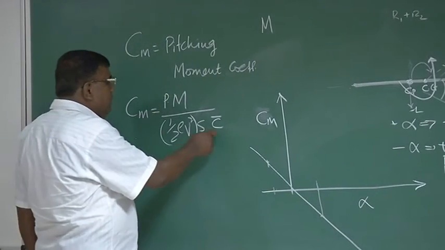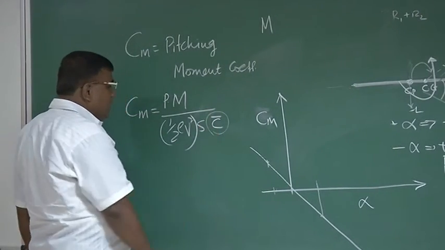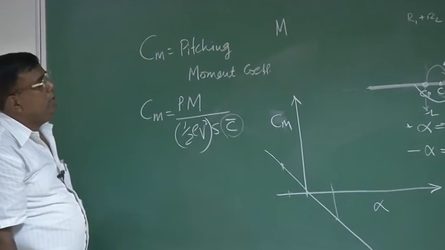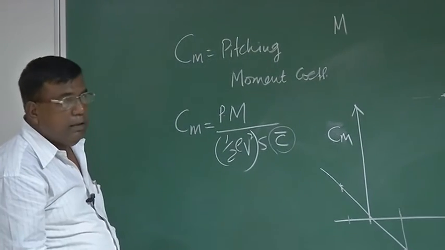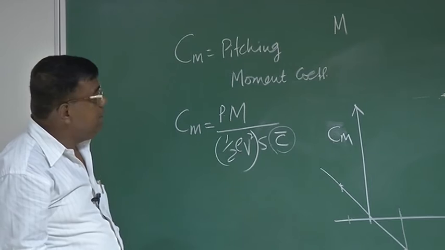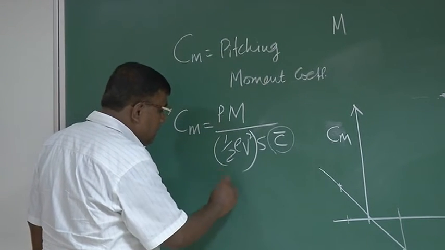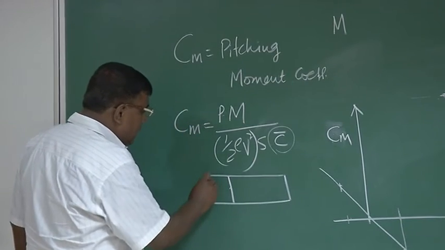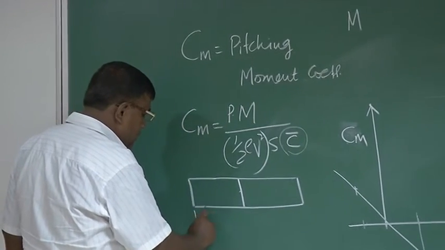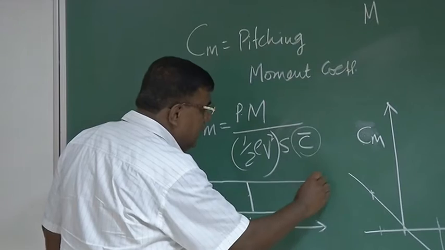To give a little more insight on C bar, which I will cover more when we get to design aspects, at this stage, to give you some feel, say this is a rectangular wing, so this is the span, and this is the chord.